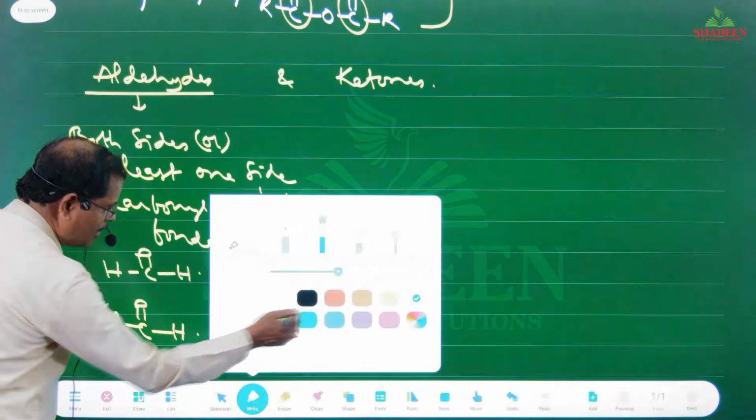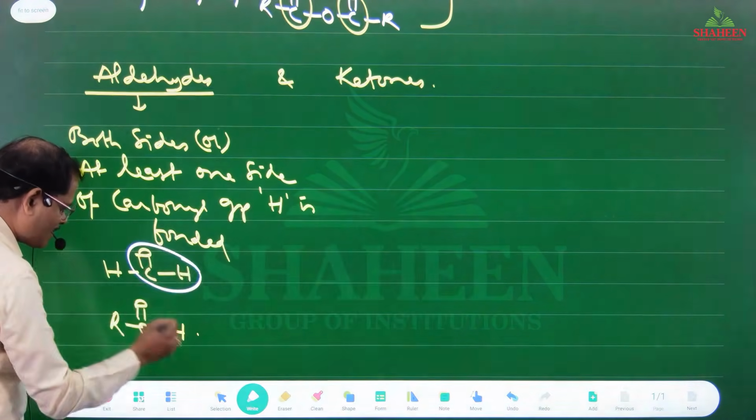So this group is called the aldehyde functional group.